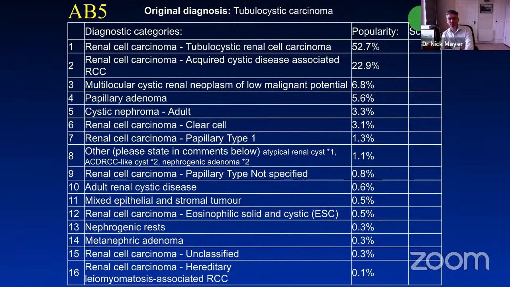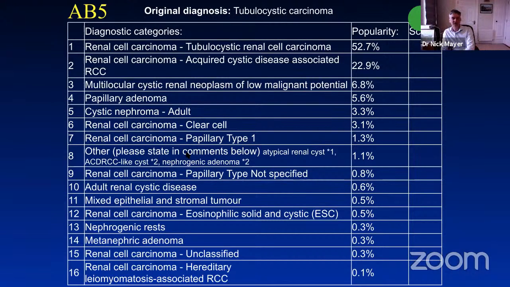The next most popular diagnosis was an acquired cystic disease associated RCC, but this case lacked the oxalate and background acquired cysts that you expect to see in association with that condition. And a number of people in the others had mentioned these acquired cystic disease RCC-like cysts, which I'll show you a reference for, because it's certainly a possibility here.